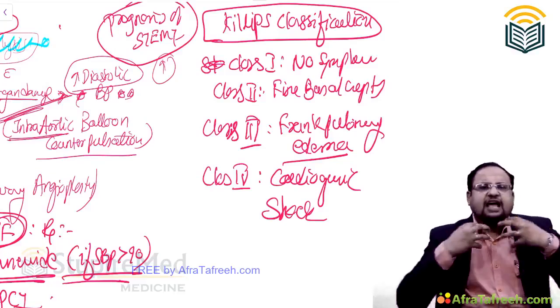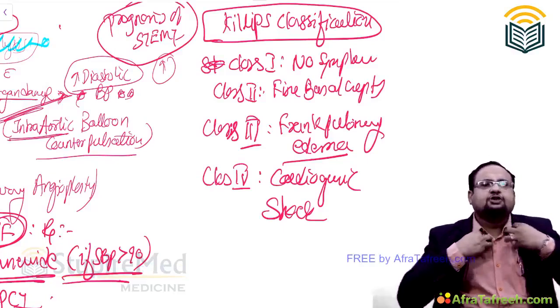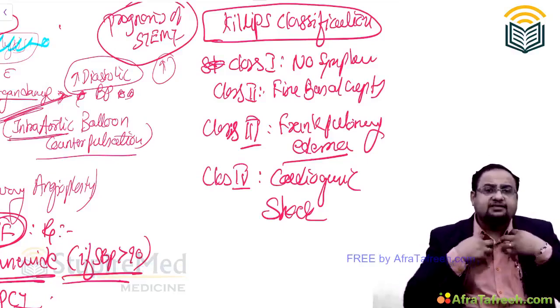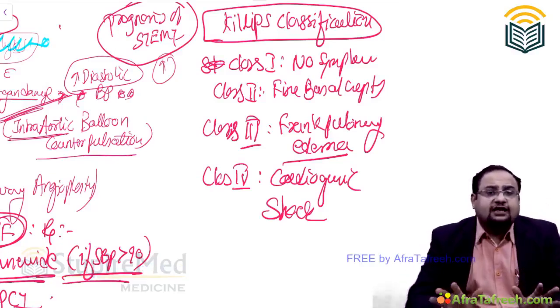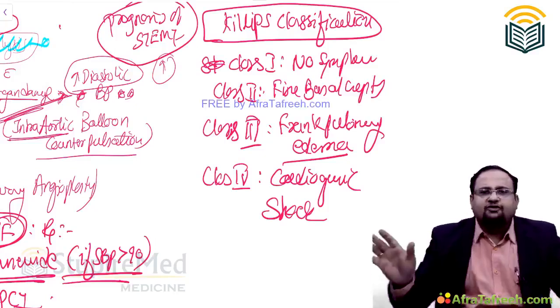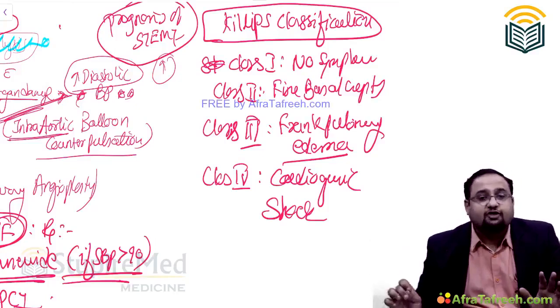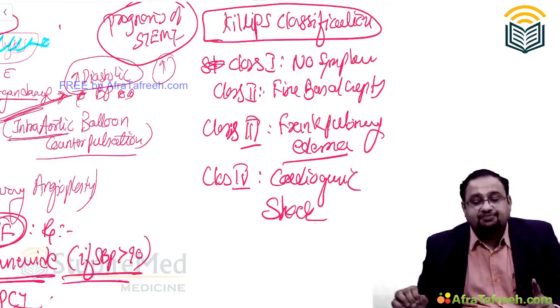Class 3 means there are extensive bilateral crepitations till the apex, which is nothing other than pulmonary edema. So if the patient develops pulmonary edema, that means frank heart failure. Again, it is a contraindication for thrombolysis, remember. And class 4 is cardiogenic shock.